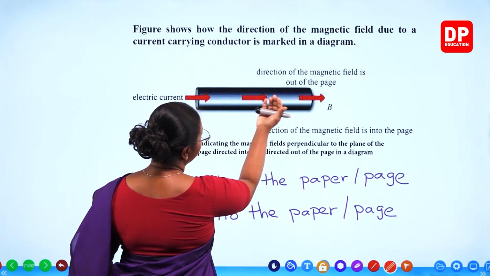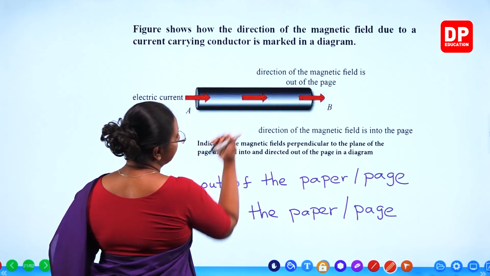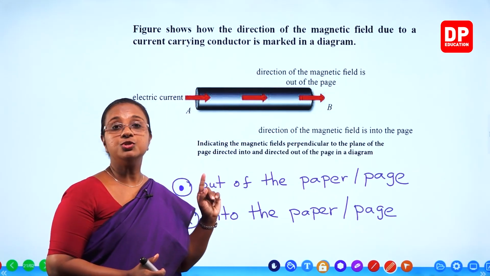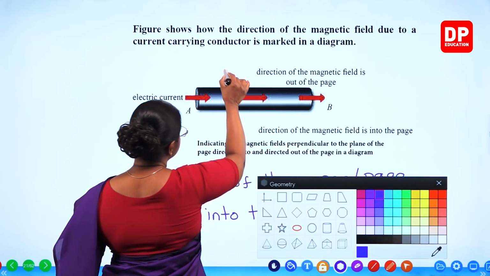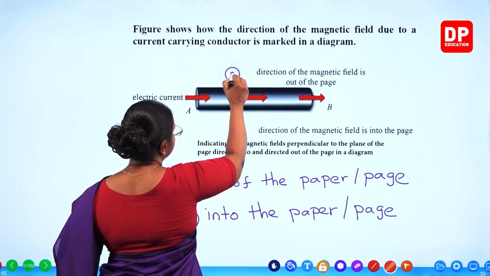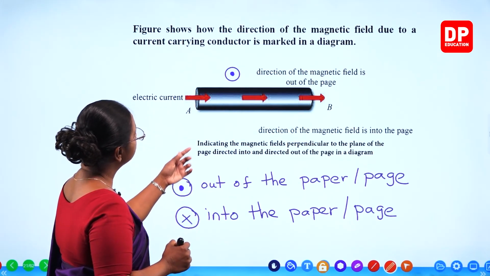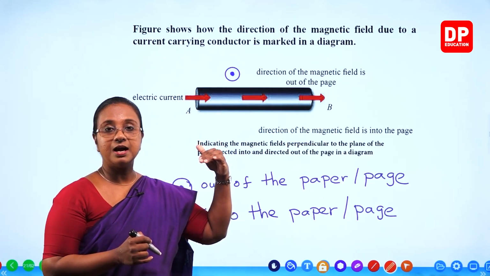Current flows this way. Now here you can see from the top, the magnetic field lines are coming out. We need to show that. What we do is, we put a dot and a circle around it. So that shows the magnetic field lines are coming out.